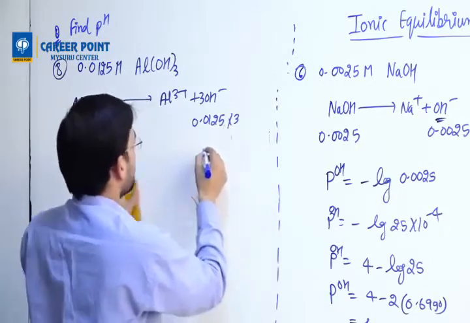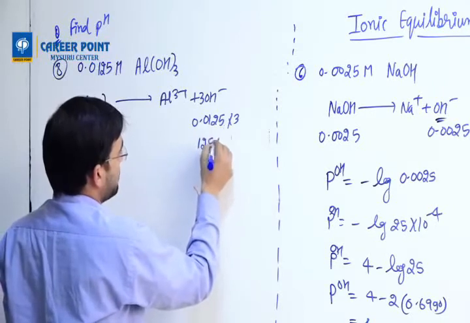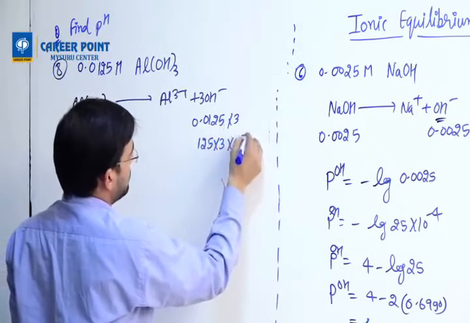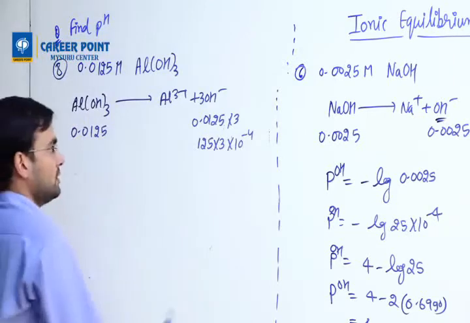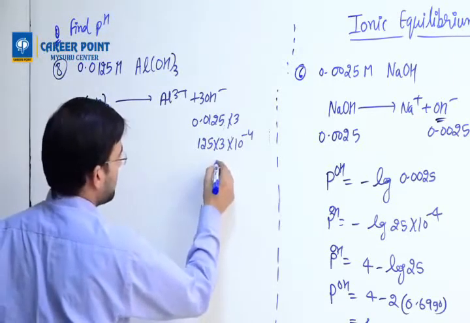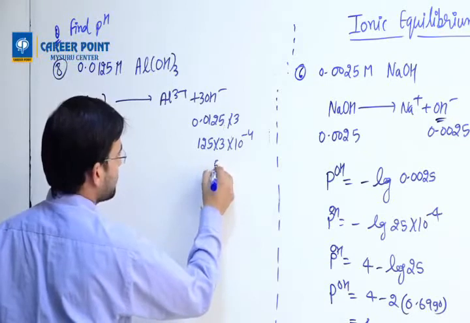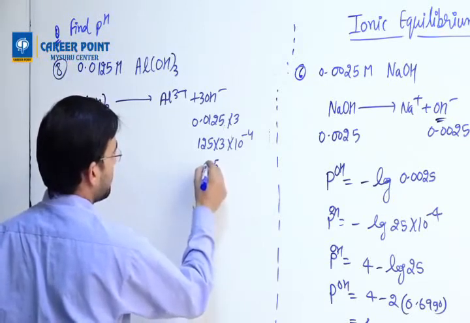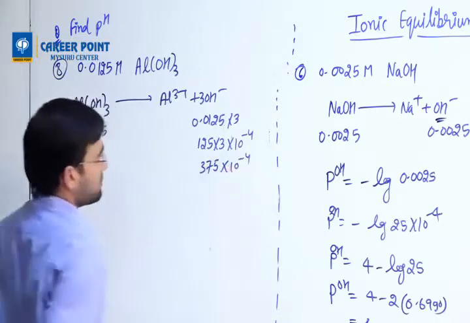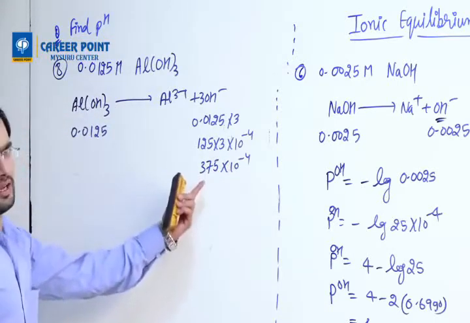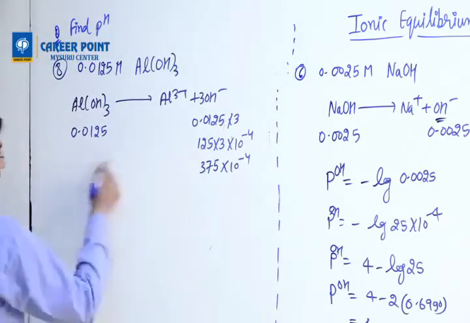We'll write it like this: 125 into 3 into 10 power minus 4. Then we multiply, we'll get 375 into 10 power minus 4. Basically you don't need to multiply it; you can simply write it like this also.